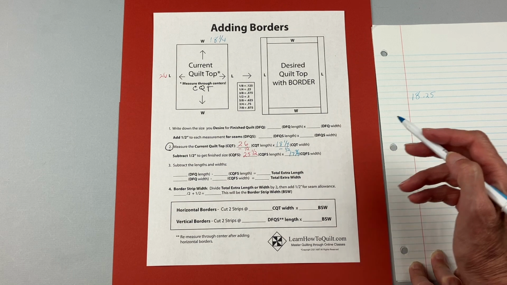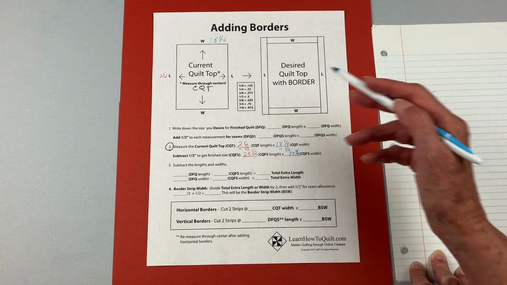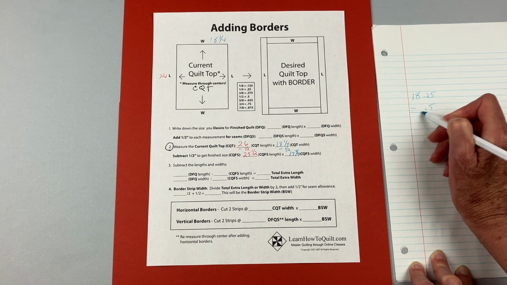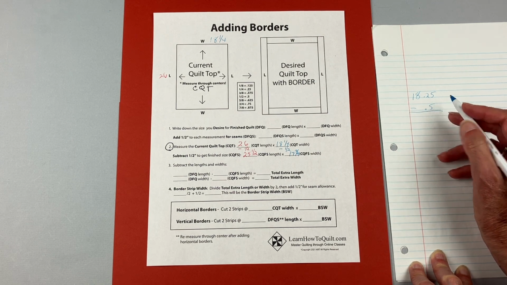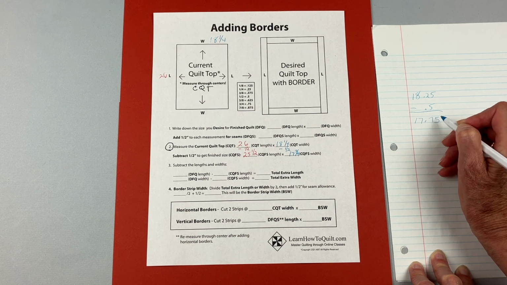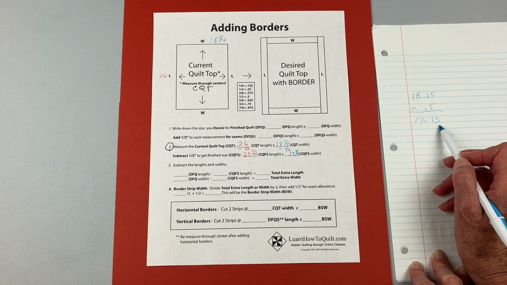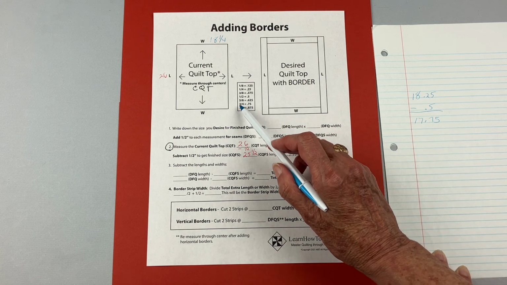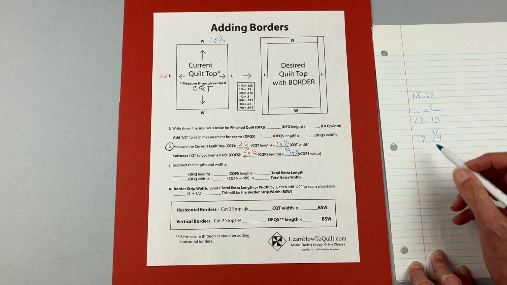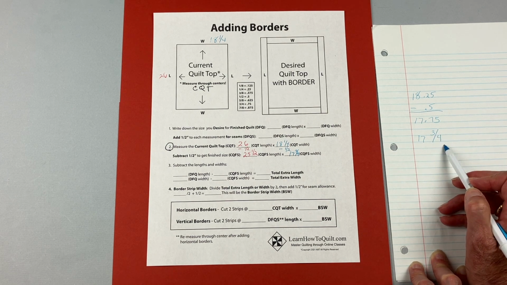And then I have to take away 1/2 inch, which is 0.5. So take away 0.5. If you put that in your calculator, you're going to end up with 17.75. I'm going to go back to my chart with this 0.75, and I see that that equals 3/4. This measurement is going to be 17¾ inches.